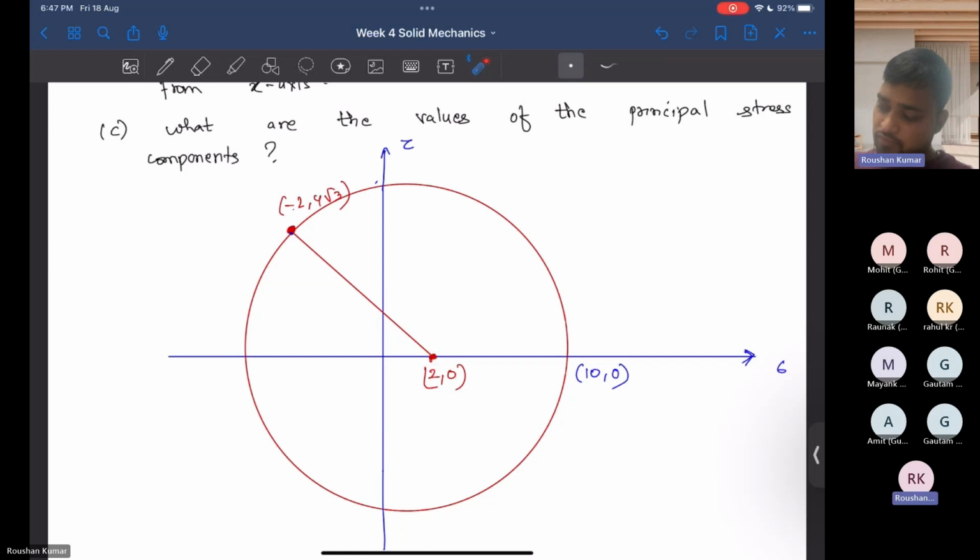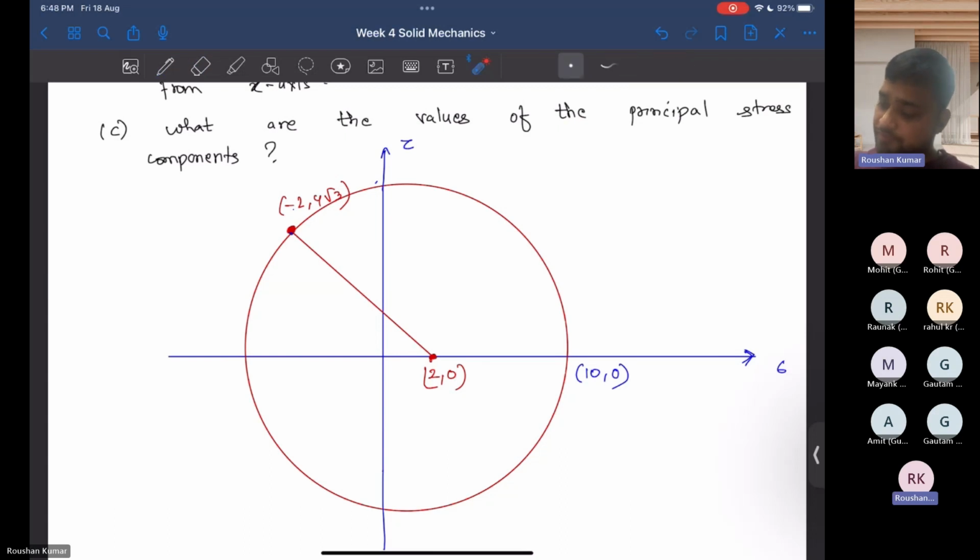So this is 2, and what is the distance of that circle? From here to here, the total distance is 10 unit, but in the opposite direction. Sorry, radius is of 8 unit.